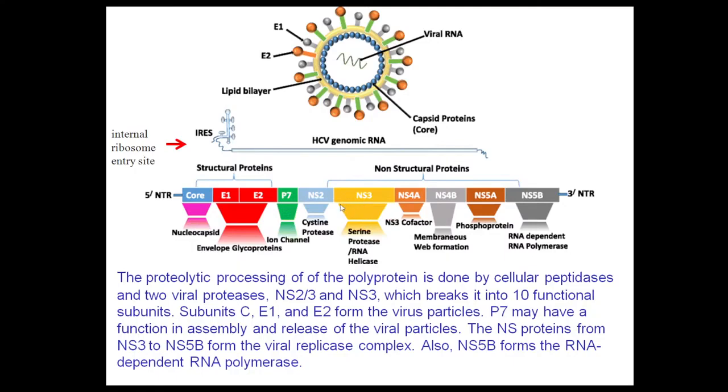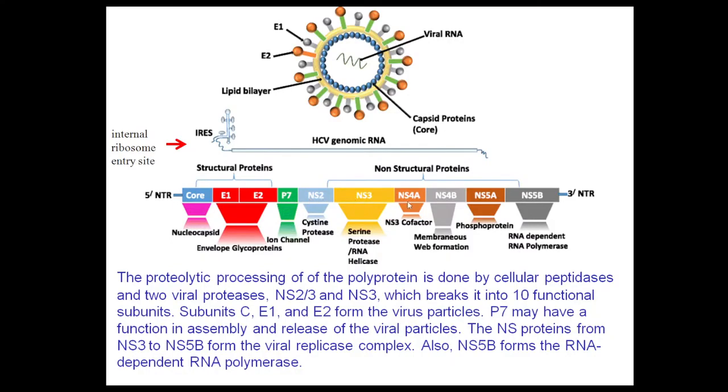Around 7 non-structural proteins are encoded by the genome, and 4 structural proteins that are nucleocapsid, envelope glycoproteins E1 and E2, then ion channel protein P7. So then we have all those NS.